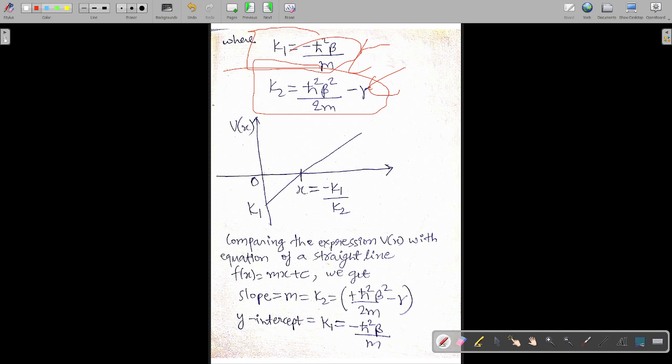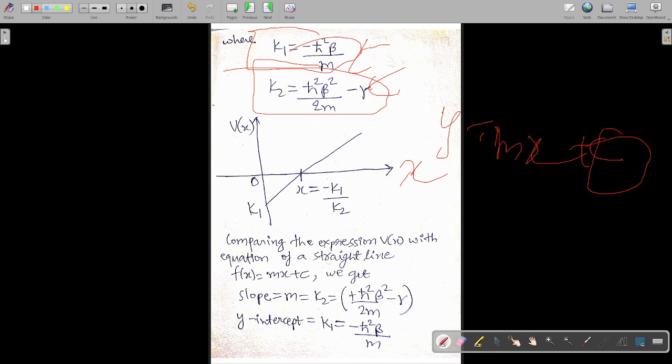Now, in the place of the y axis we have v of x, and in the place of the x axis we have x. After that, we will find the y-intercept using the y equal to mx plus c formula.